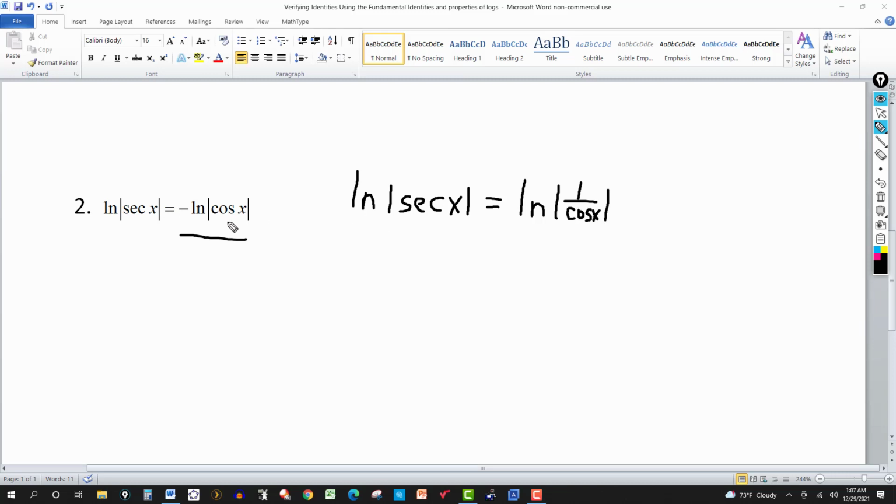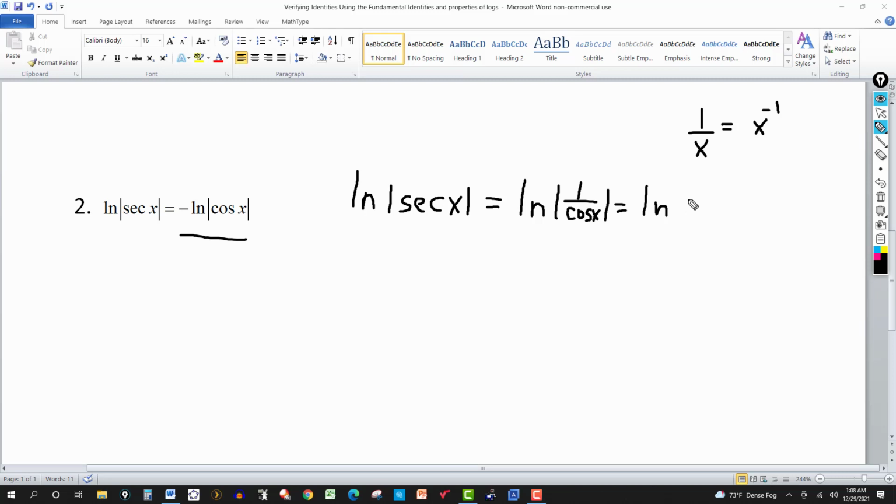I have a cosine there. And then I have a negative out in front. So how does that work? Well, I can do this. Natural log, just like if you have 1 over x by itself, using properties of negative exponents, that becomes x to the negative 1. Definition of a negative exponent.